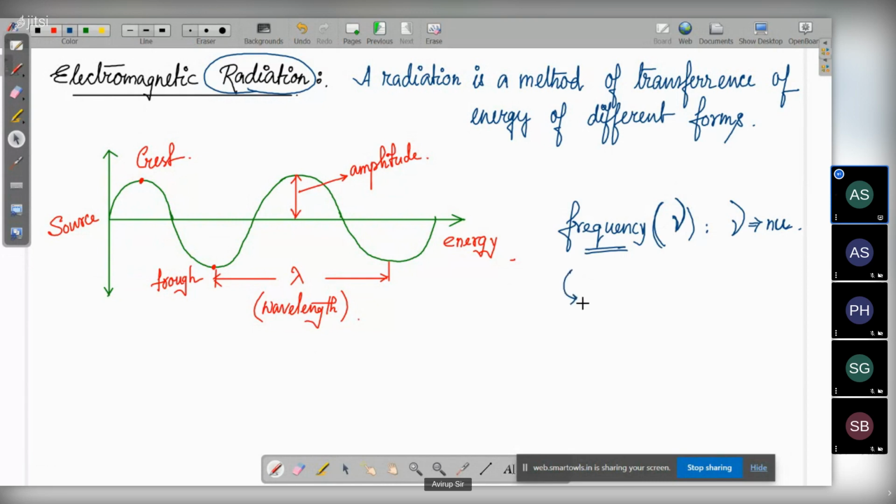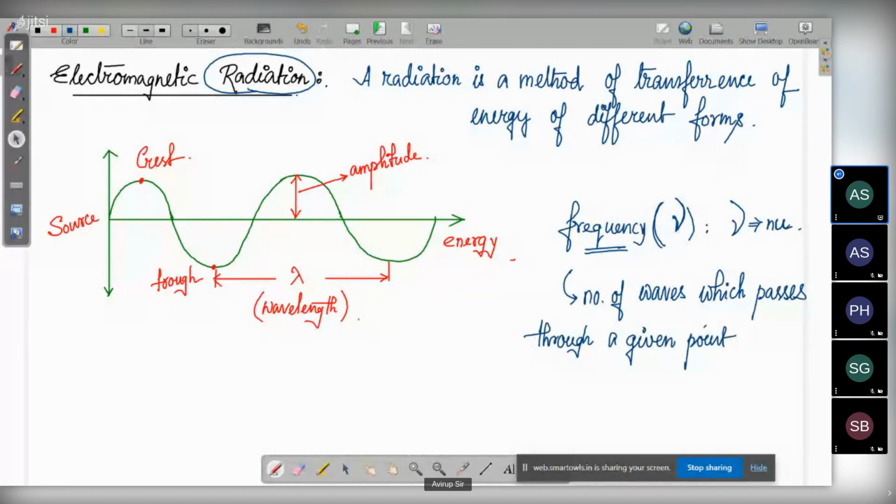Frequency is the number of waves which pass through a given point in 1 second. So frequency is basically how many times it is occurring.